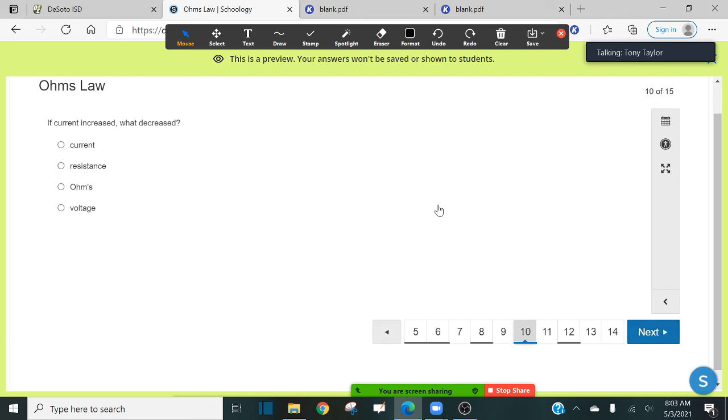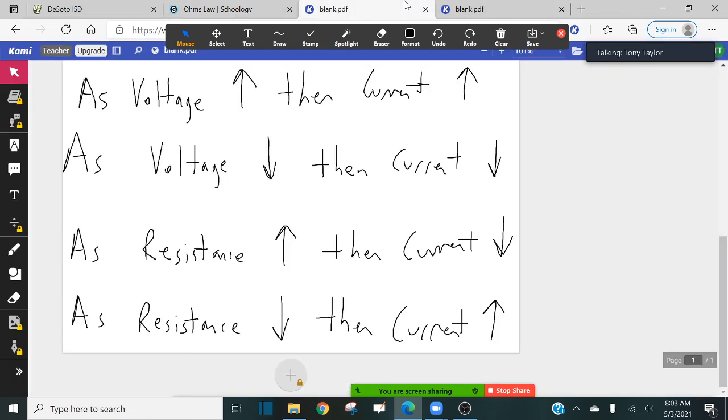For example, here it says, if current increased, what decreased? Well, go back to this right here.